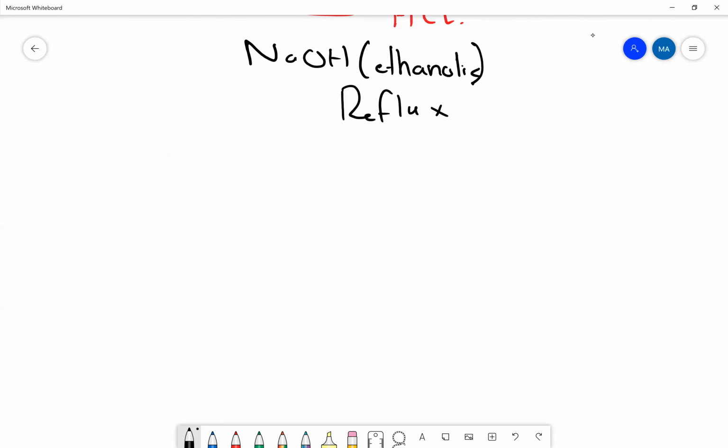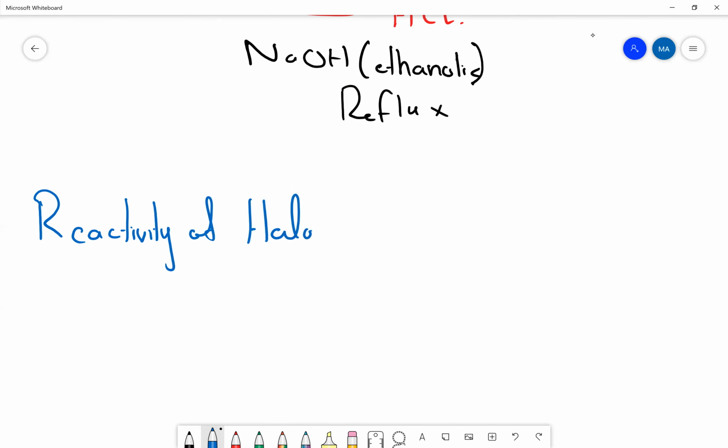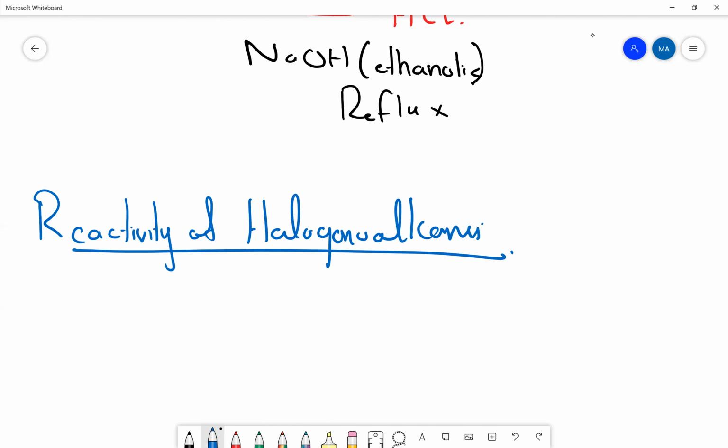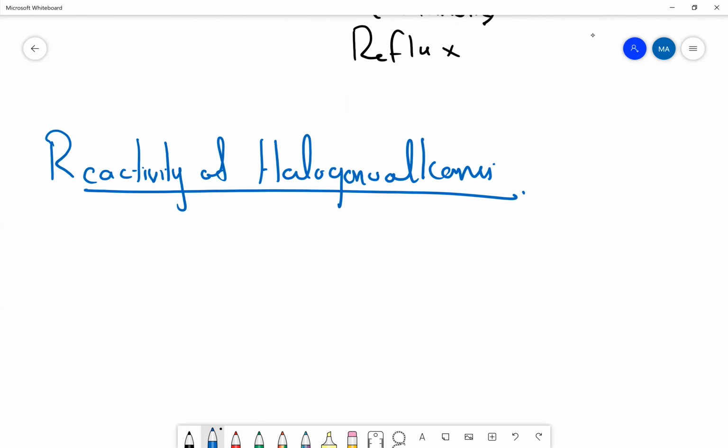Let's talk about the reactivity of halogenoalkanes now. So technically, we know that the bigger atom is generally more reactive because of its bond strength. Because the bond strength is weaker, the electrons are far apart.